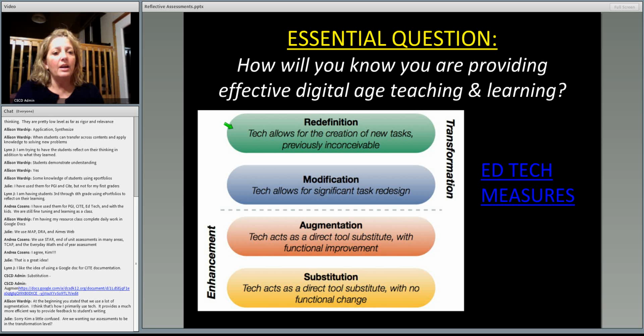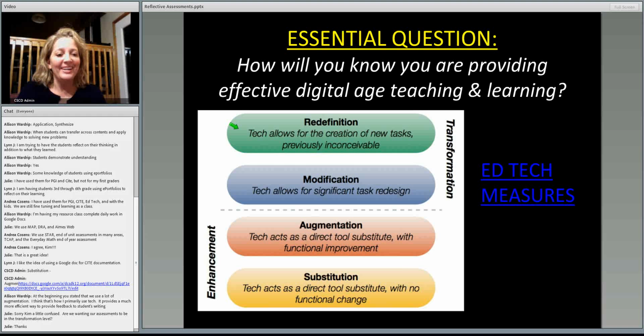So to be at the highest level would be where we're finding examples of redefinition, that the technology is going to allow for the creation of new tasks previously inconceivable. So that's really going to push our thinking. And when I give us an example, I'm going to ask you where you think we are using this SAMR model. And I like that I gave you the Google Doc, because it gives you the research behind it as well, and who created it.